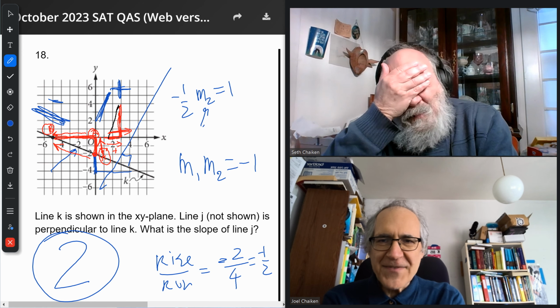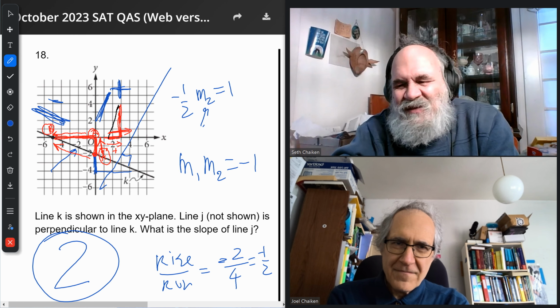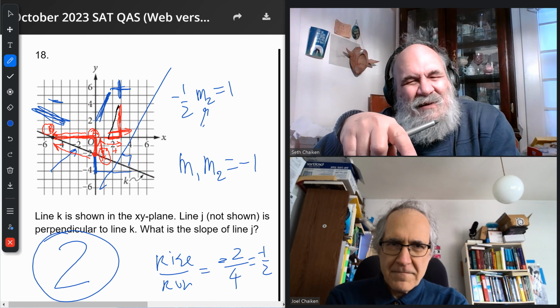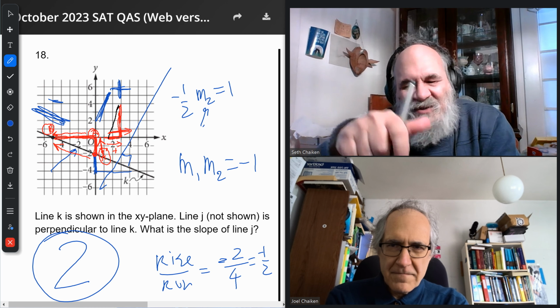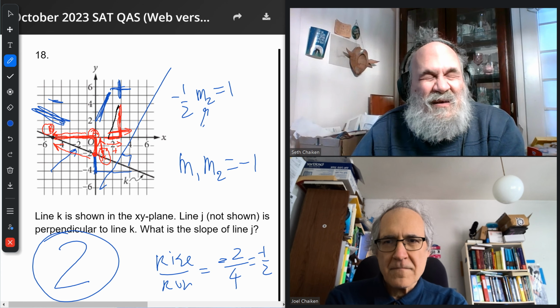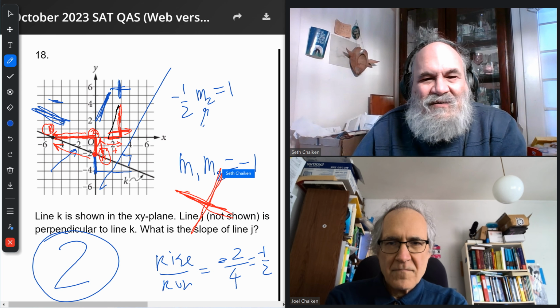However, another heuristic is that you could imagine in this example, you take a generic pair of perpendicular lines, right?